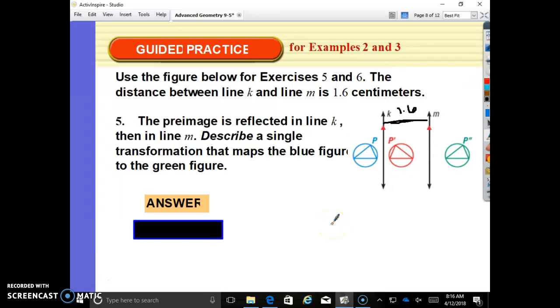Anybody? Rotation. So he thinks I can just rotate it? I can translate it. So reflect and then reflect again, or just simply translate it.